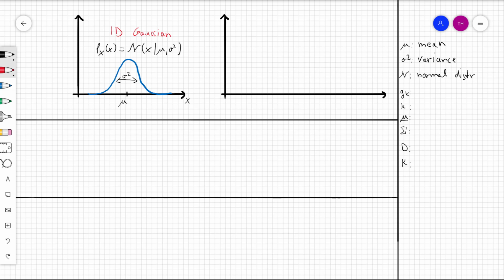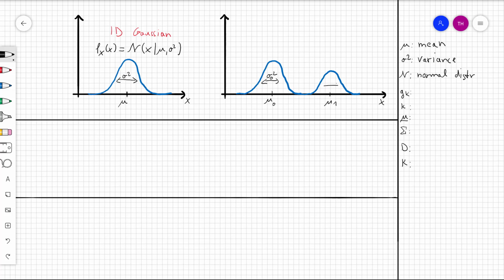Now we can look at something else, which is by itself not a Gaussian distribution, but we can have 2 Gaussian distributions next to each other. And then we can say, okay, this one has a mean value and this one has a mean value, and they both have variances.